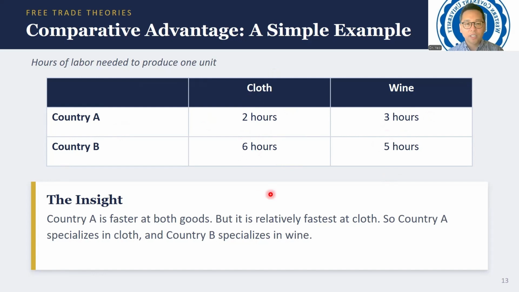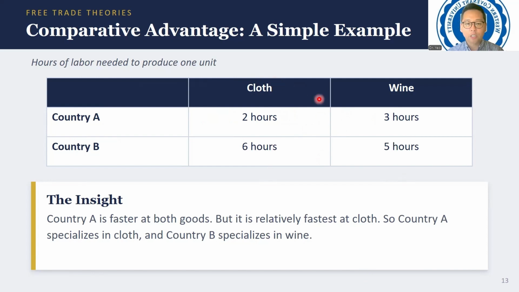Look closely at the numbers. Country A is 1.7 times as fast at making wine, but 3 times as fast at making clothes. So country A's relative strength, its comparative advantage, is clothes.